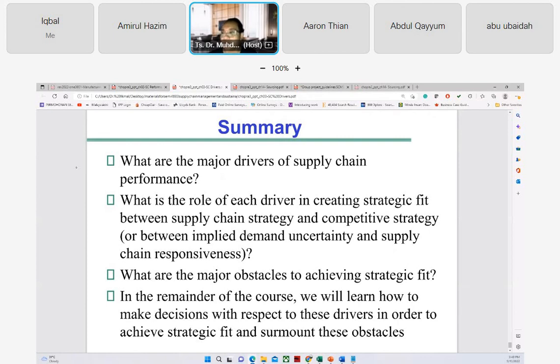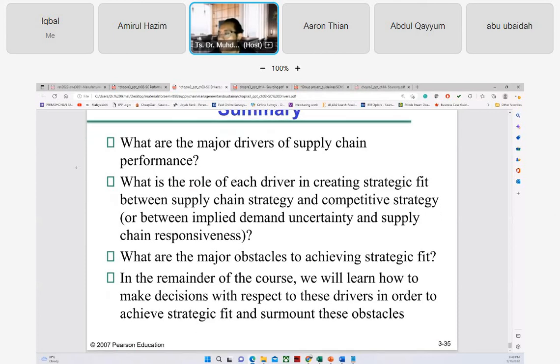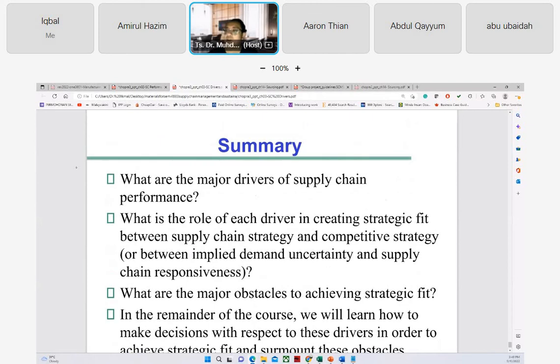Maybe there is a question, and you have to explain and come up with an example. And what is the role of each driver? What are the major obstacles? In the remainder of the course, we will learn how to make decisions with respect to these drivers. Chapters 1, 2, and 3 are the fundamentals.